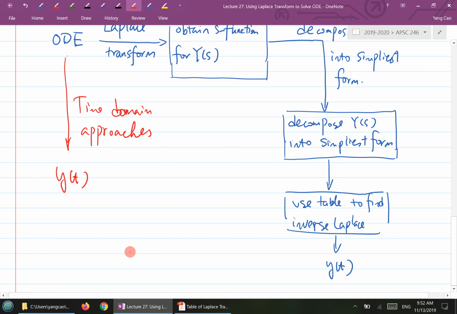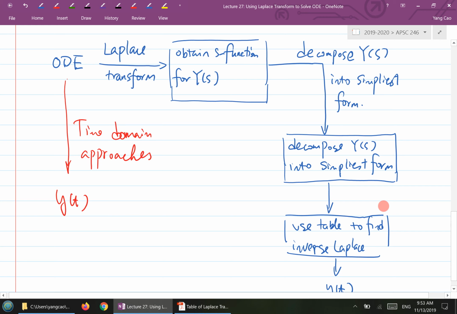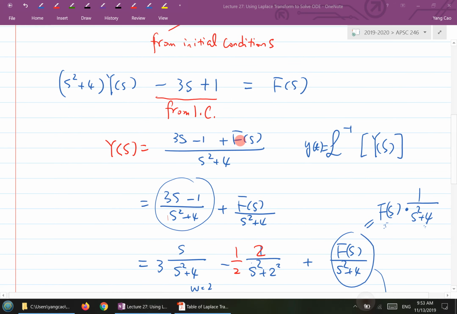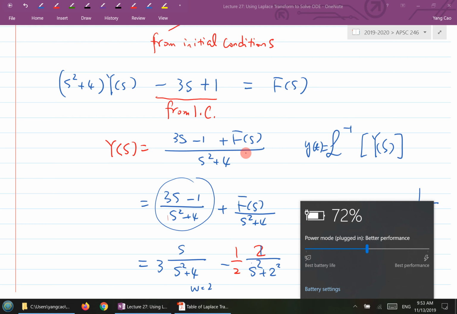So this Y of s, from this step here, we said obtain an s function for the Y of s. If you look at this function, it's going to be in a fraction format. There's a numerator and a denominator.